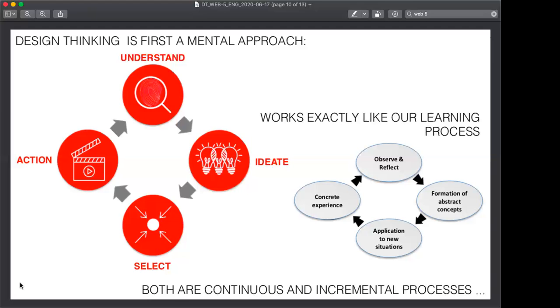What we are trying to define here is an approach of design thinking applied to the crisis, applied to this disruptive situation. In this case, we have to apply exactly the learning process that we use when we have to adapt ourselves to a new situation.